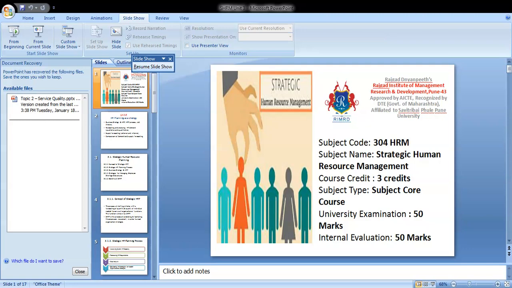Then moving to the next point, strategies for managing employee shortage and surpluses.